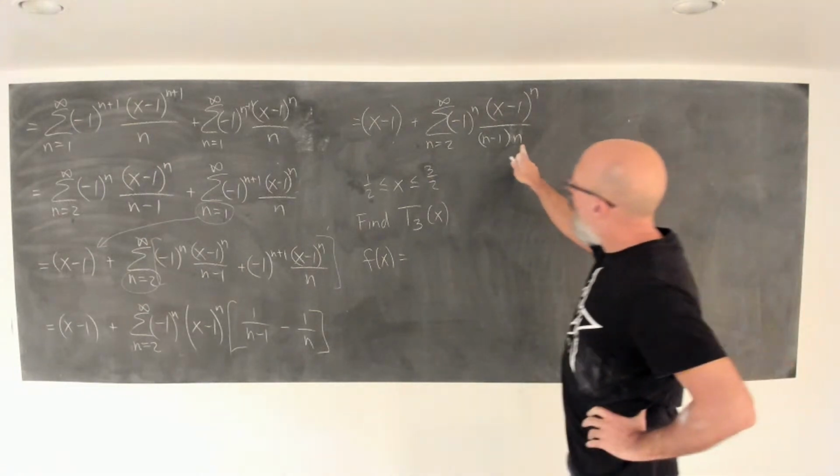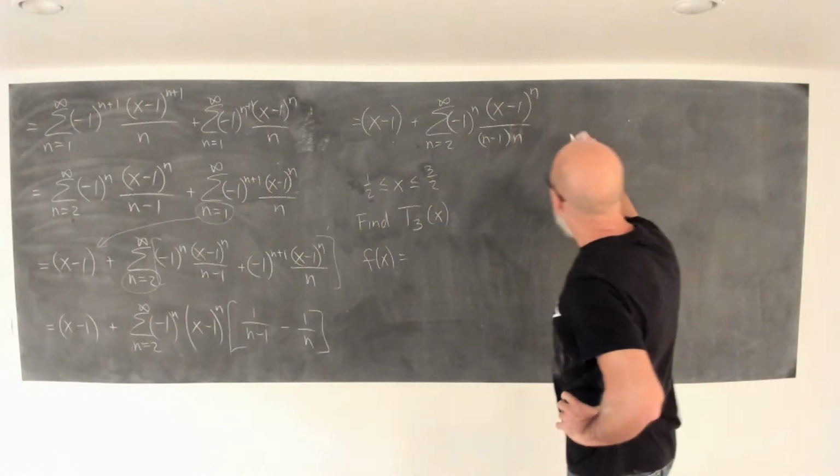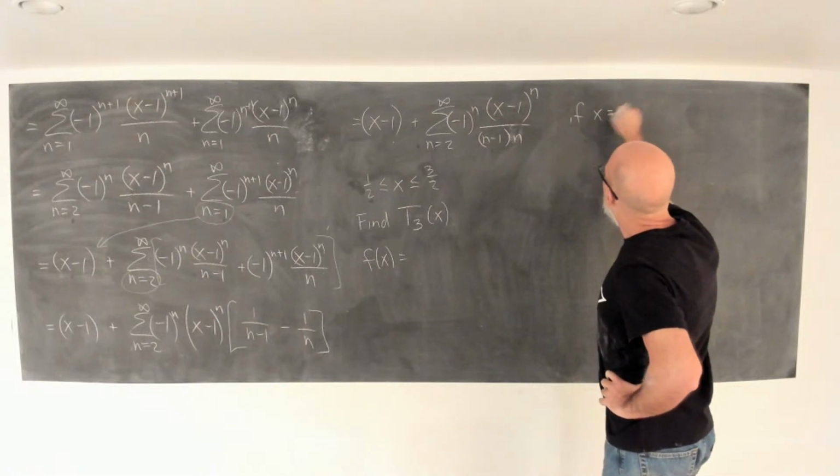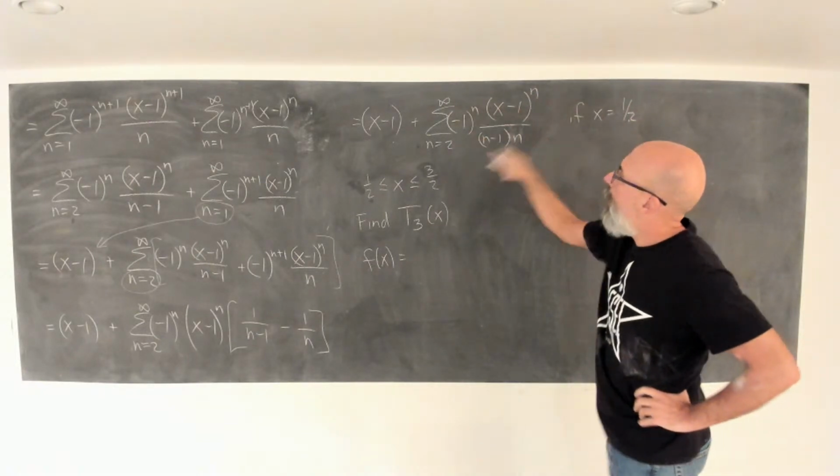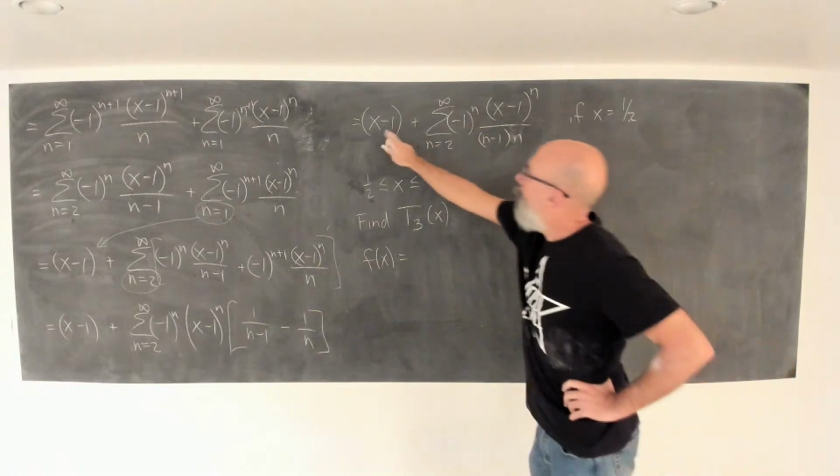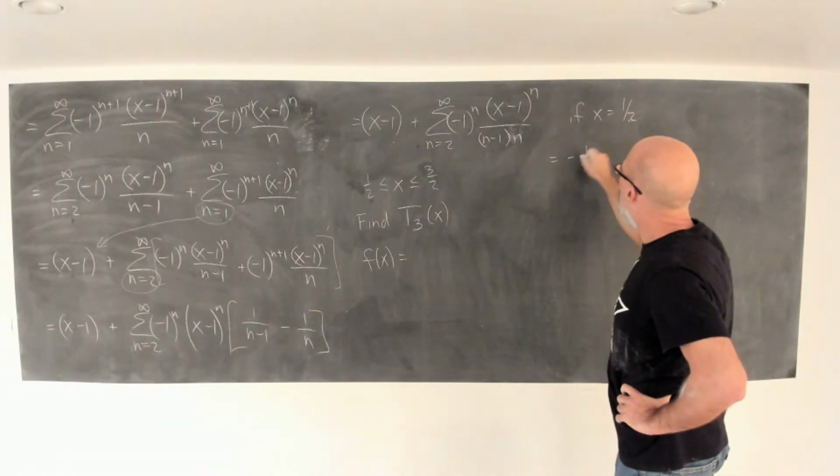Nobody is catching why we're in trouble. If x is 1/2, plug in 1/2 into this. So here you get negative 1/2.